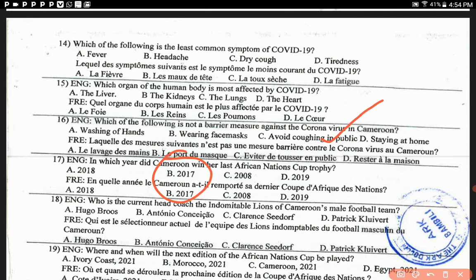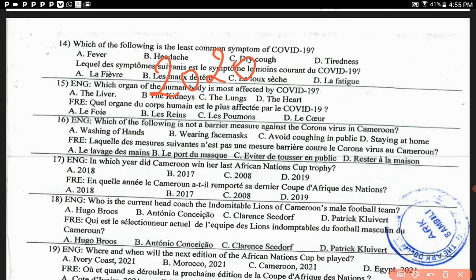The question reads, who is the current head coach of the Indomitable Lions of Cameroon male football team? Anyway, if we're talking as of today, then the correct answer would not be there, because these questions were set in 2020.